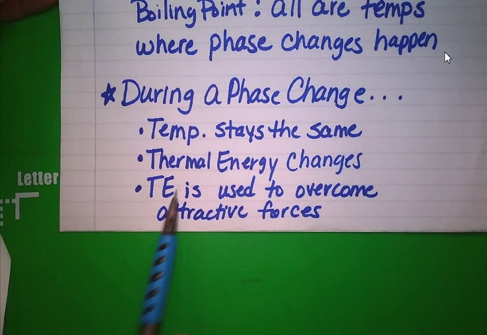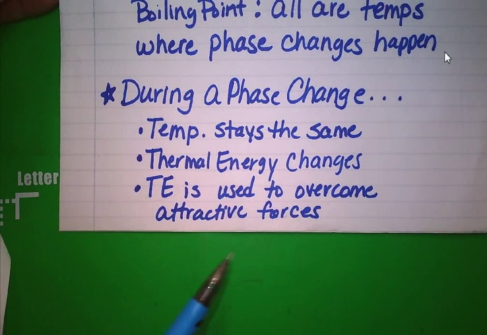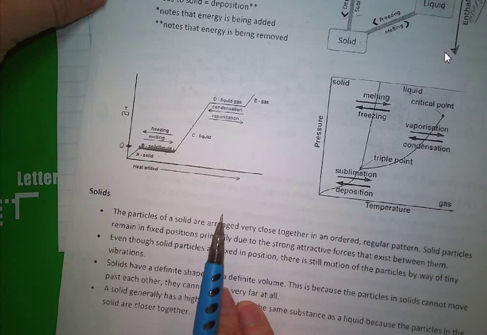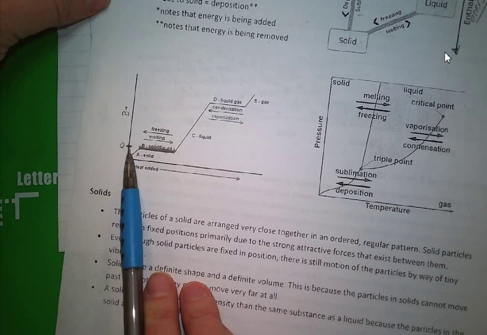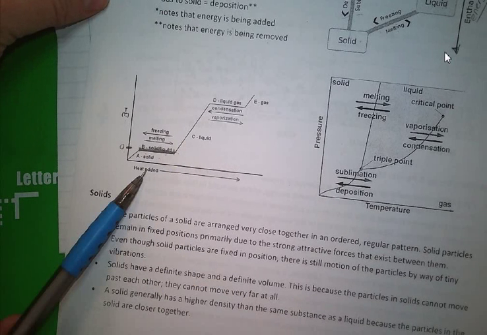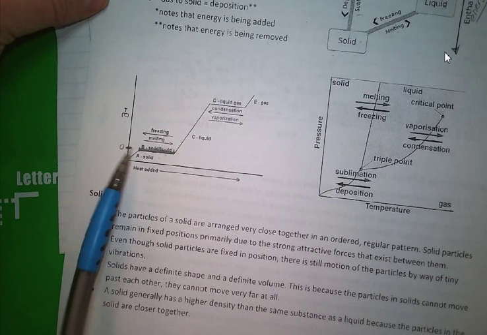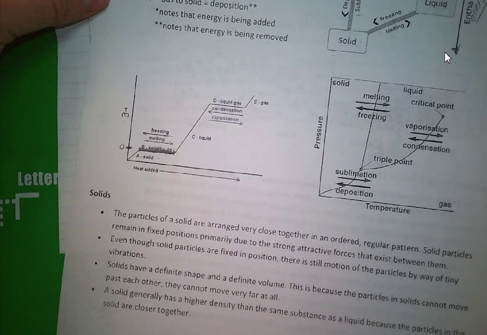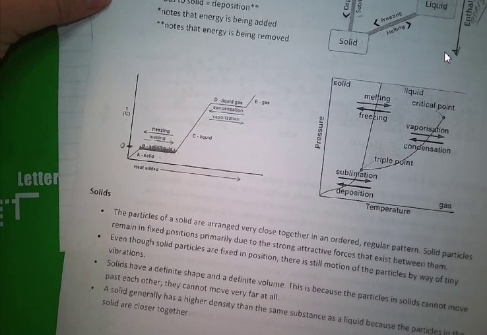That's why on that chart, when you're going through a phase change, you have those areas where the temperature stays the same, but heat is still being added. The system has more thermal energy, but the temperature stays the same because those bonds, those attractive forces, are being overcome. All right, and that's today's notes.